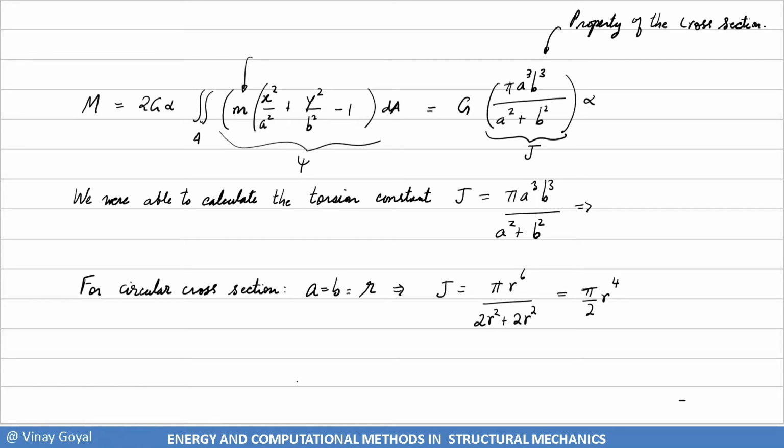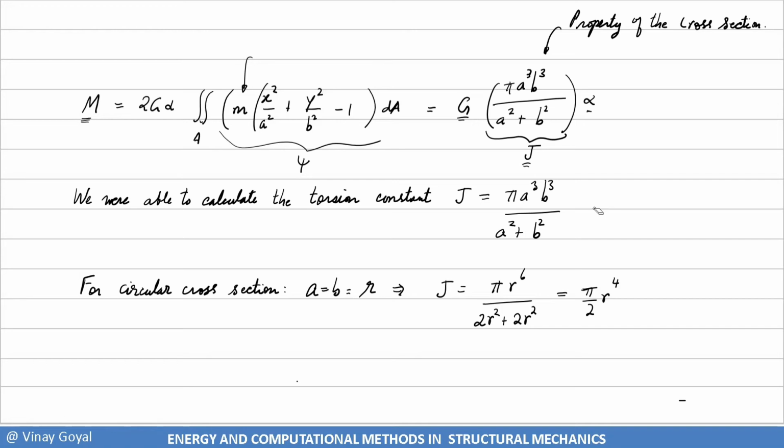I know the geometry of the ellipse, the cross section. So I know J exactly. I know G from testing. So basically, when I apply a moment, I know how much it's going to twist. But not only that, I can actually calculate J itself, which I just showed you how to do, which to me is exciting to be able to do for an ellipse. You may have used more complicated methods before.